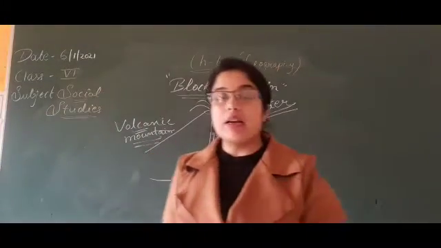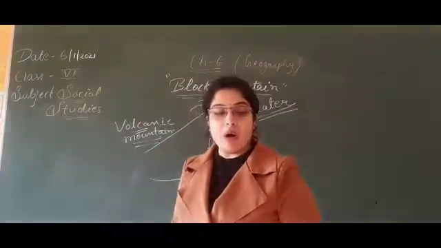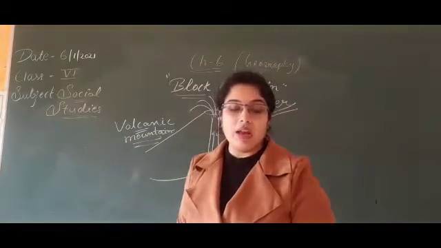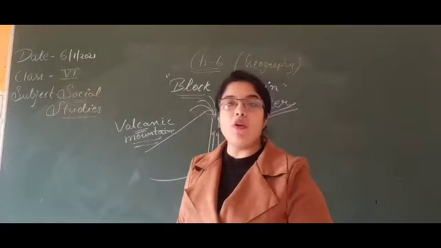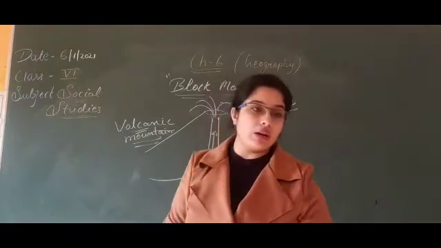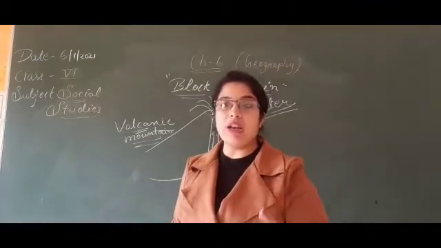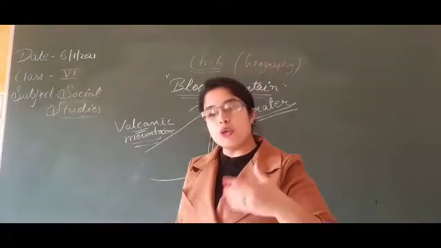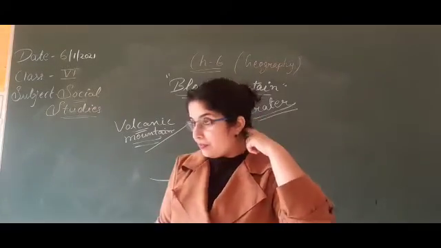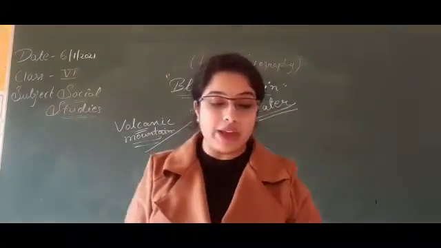So what is the example of this volcanic mountain? Mount Fuji, that is located in Japan, is an example of the volcanic mountain. It is not an active mountain, it is not a totally dormant mountain, it is a neutral mountain which could be active after some years. That is the feature of that mountain.